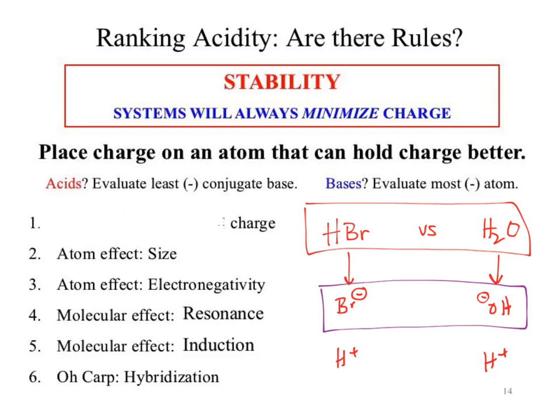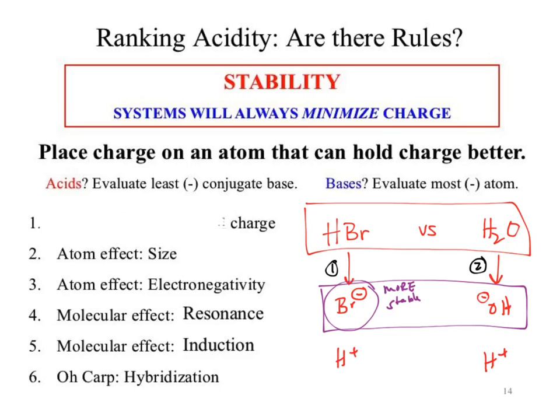Okay. If we're looking at those two reactions, 1 and 2, in purple I said bromide is more stable. What does that mean about the likelihood of reaction 1 in comparison to reaction 2?